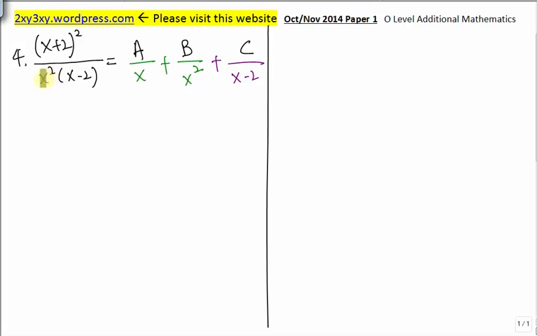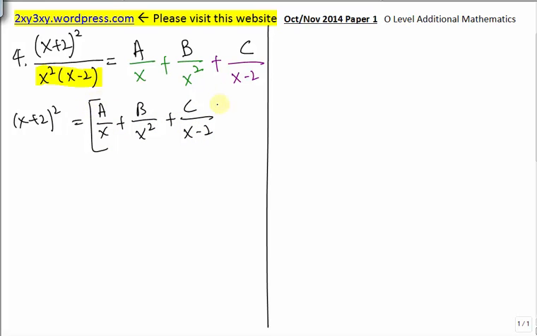To form an equation, I can bring this part of the expression over to this side, and this will give us this expression multiplied by this expression.